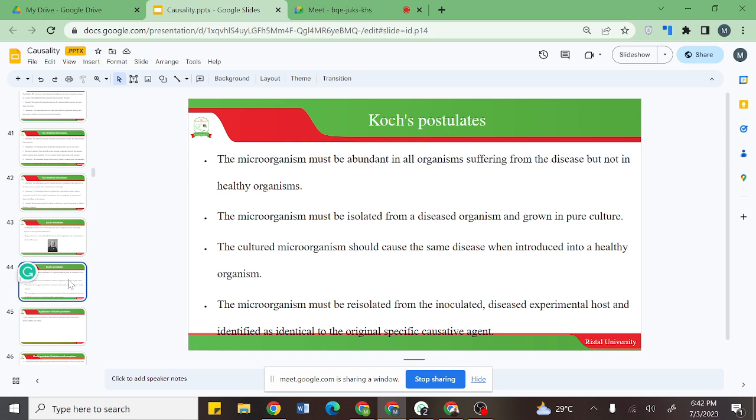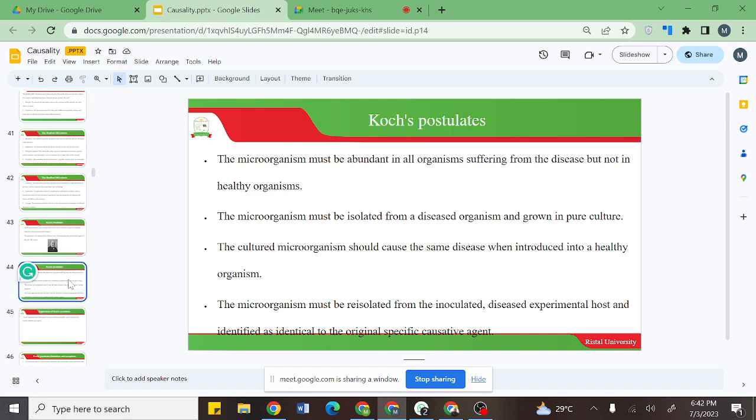The second thing is that you should actually be able to get that Mycobacterium and isolate it and grow it in culture. So if you get the sputum of the person, then you culture it, you should be able to see the Mycobacterium tuberculosis. So that is the second point.